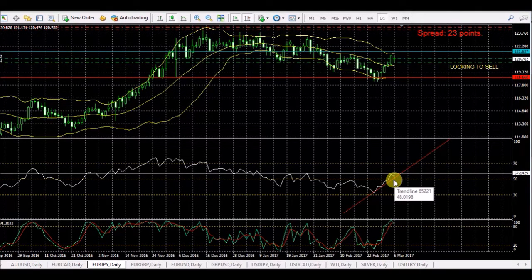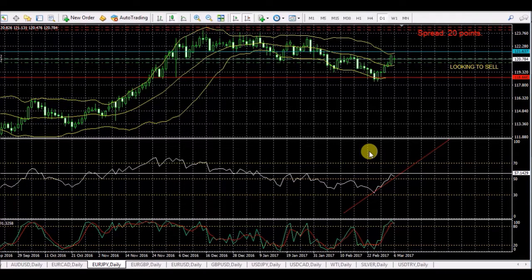It hasn't quite crossed my trend line. I've moved everything onto a 14 position RSI just for clarity. This is a resistance line on the RSI where we've failed in the past. So I was expecting actually a reversal at that point, which has happened.